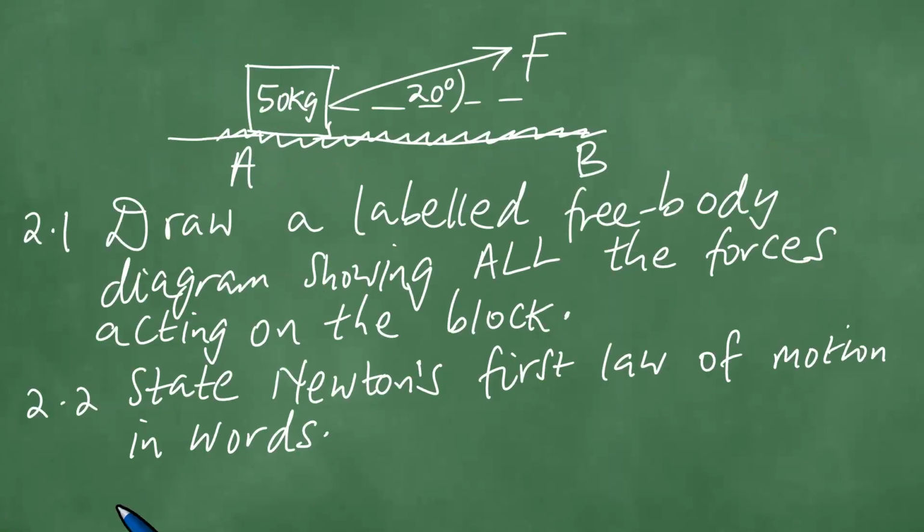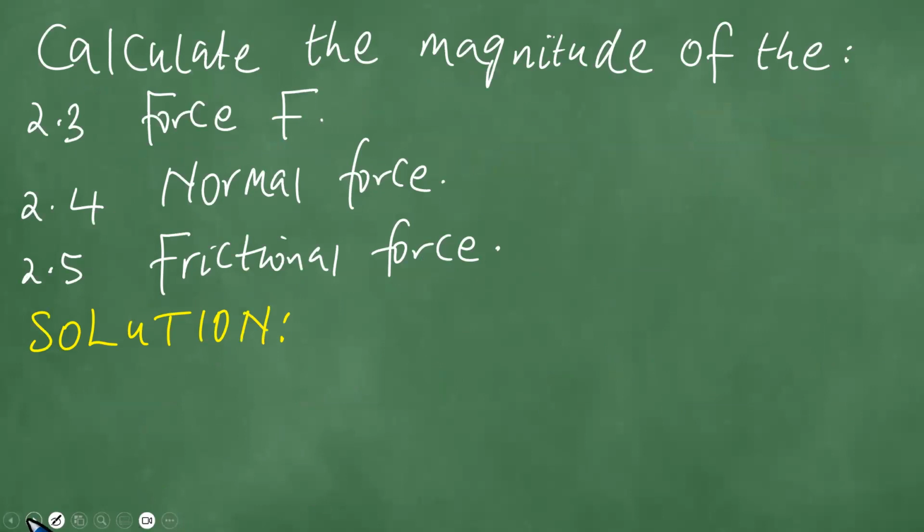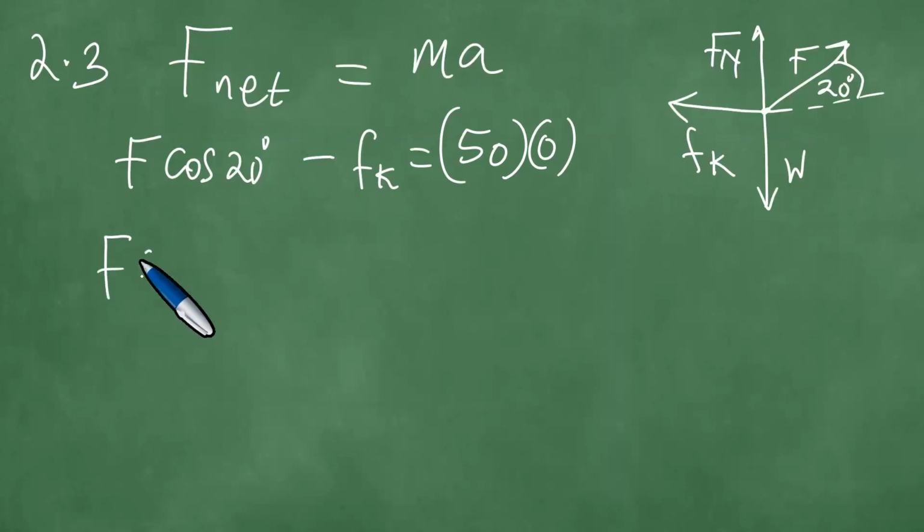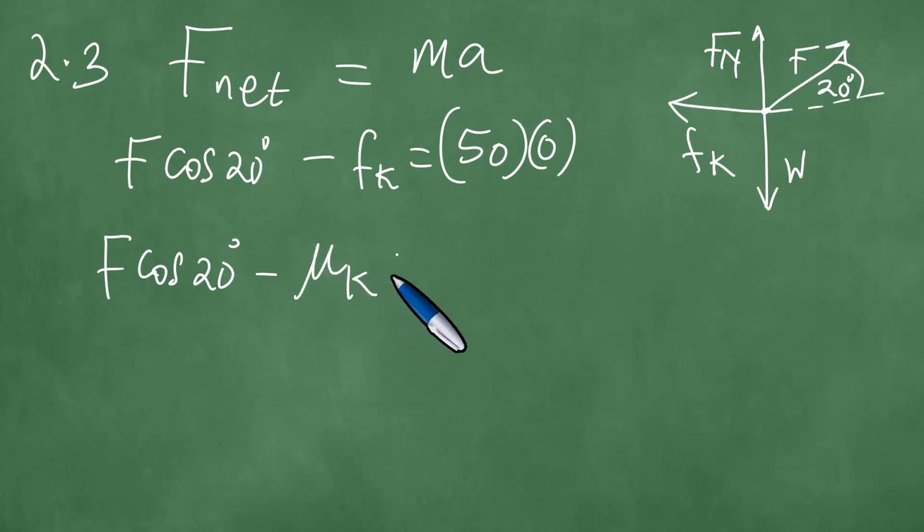It is 50 kilograms of mass, and then the acceleration there. So now we continue. F cosine 20 minus mu k, which is the same as F sub k, the kinetic friction force, and therefore it is mu k times the normal force, and it is equal to 0.